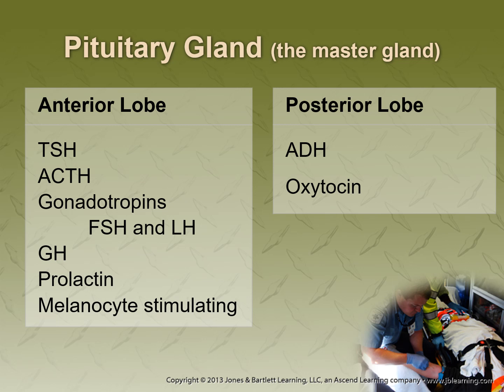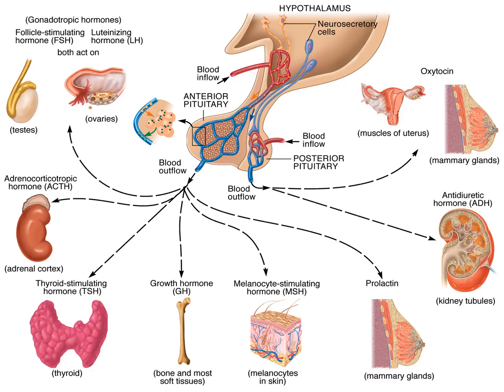As we decrease oxytocin, we will make the contractions start to spread apart more, last less time, and be less efficient, basically. And here's a pretty good slide to look at all of the different things and what they do. Again, going from the anterior and posterior pituitary, they go to these different glands or different sites and cause bone growth or whatever it would be.